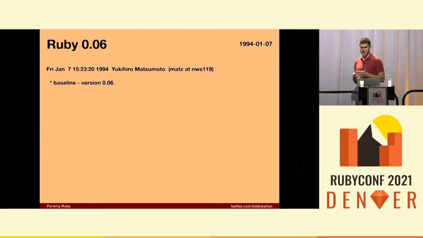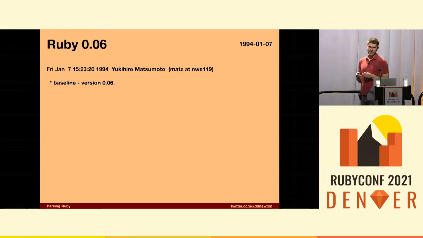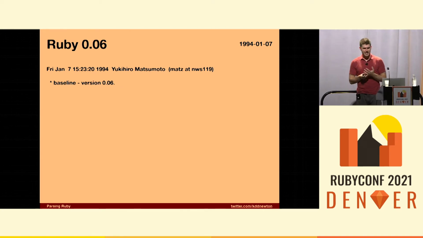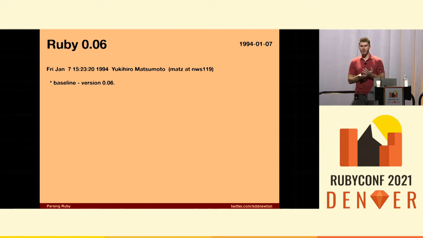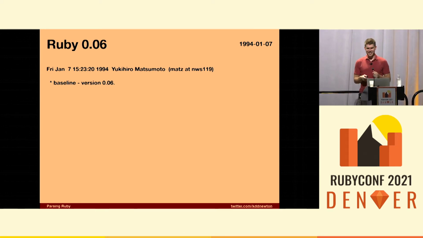So in the very, very early days, this is the earliest changelog entry I could find, Ruby 0.06 in 1994. I had to go through the Wayback Machine and find a tarball that had a changelog that was entirely Japanese, but I found it. So it's there.